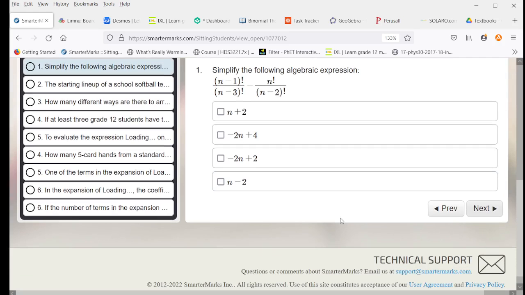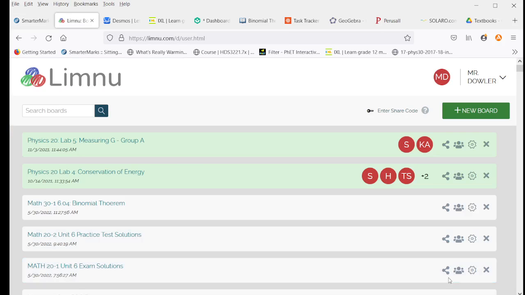Here we want to simplify the following expression. So n minus 1 factorial over n minus 3 factorial.